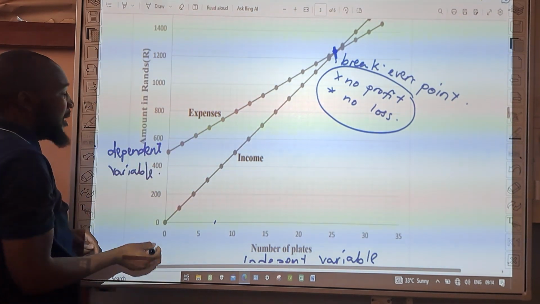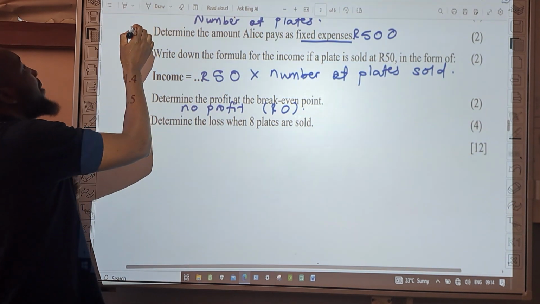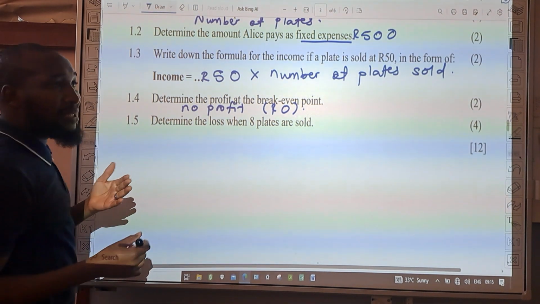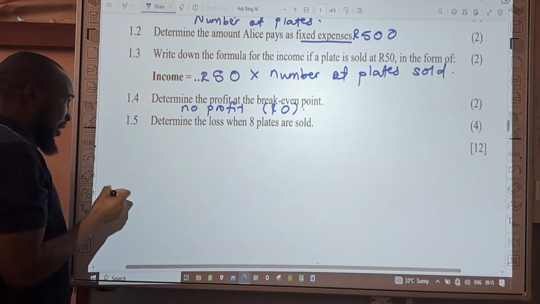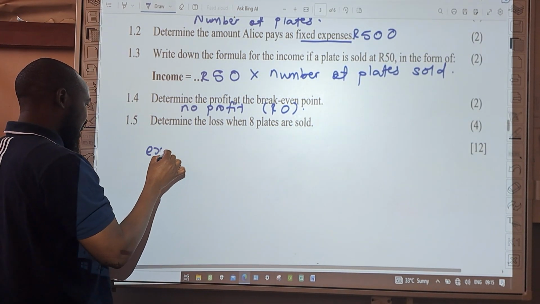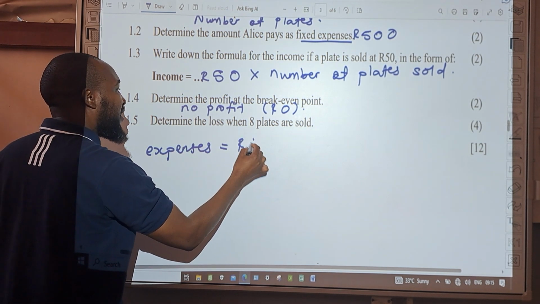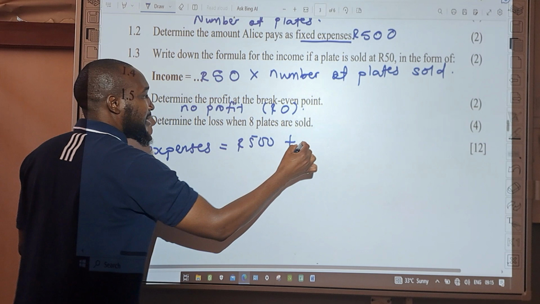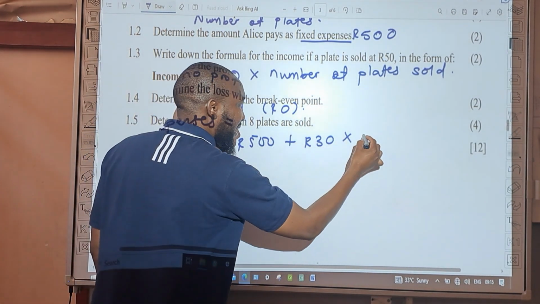So 8 plates are there, but let's forget using the graph, we have the formulas. Let's use our formulas to calculate this. If I'm making 8 plates, how much am I going to spend? Expenses. Here are my expenses. Remember, it's 500 plus 30 rands multiplied by how many plates? 8 plates.